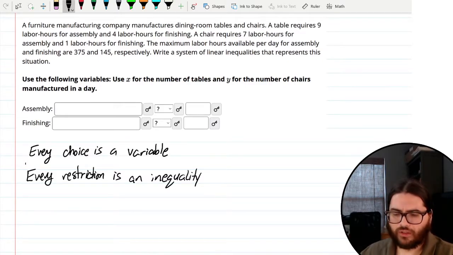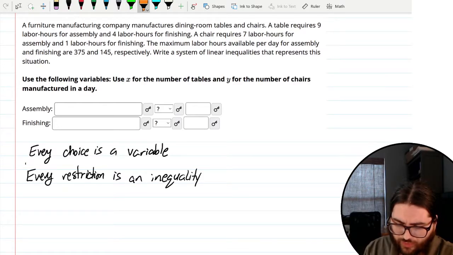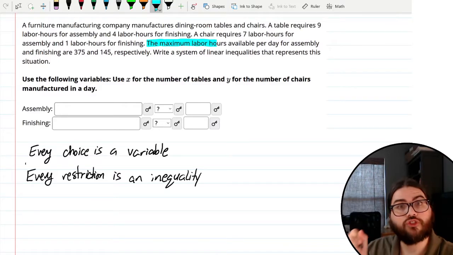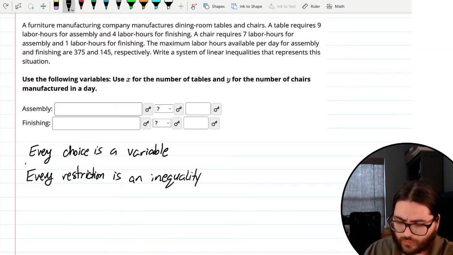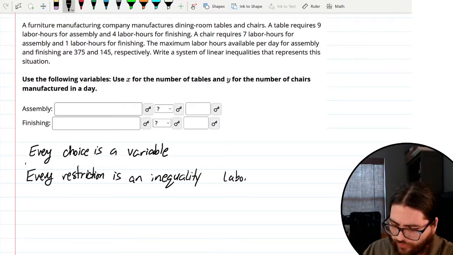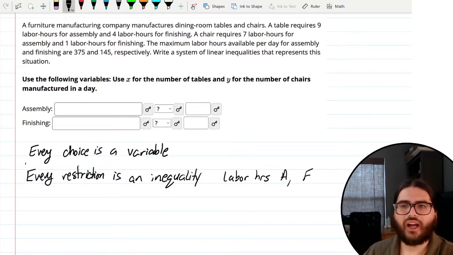Do you see how, because this sentence tells me a restriction on the number of labor hours that I can use, that sounds like a restriction to me, right? I'm going to put labor hours for assembly and labor hours for finishing in the inequality category because they're restrictions.